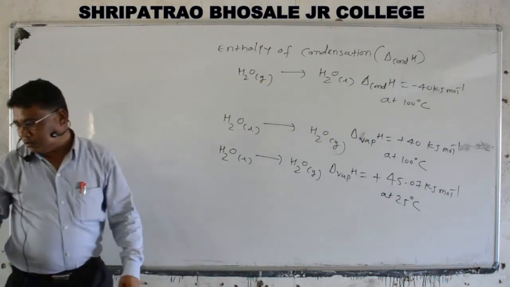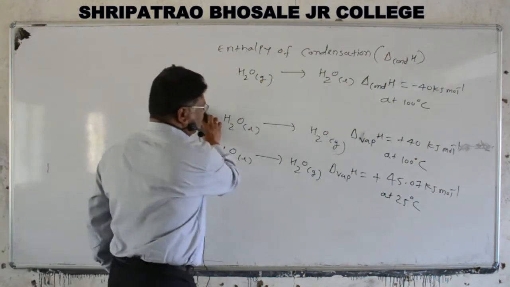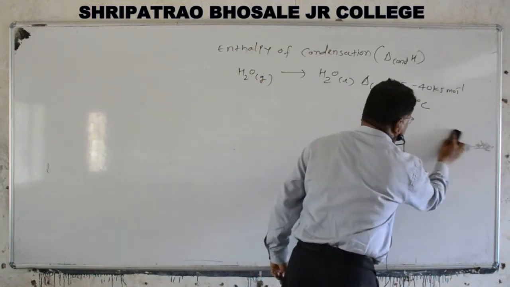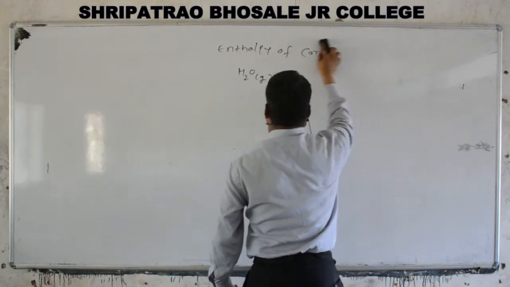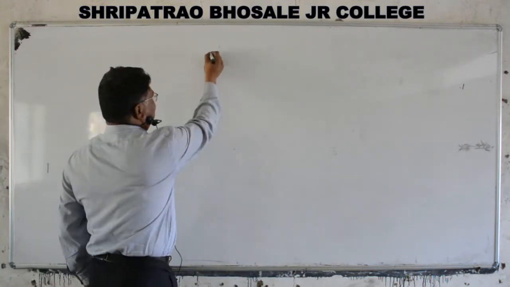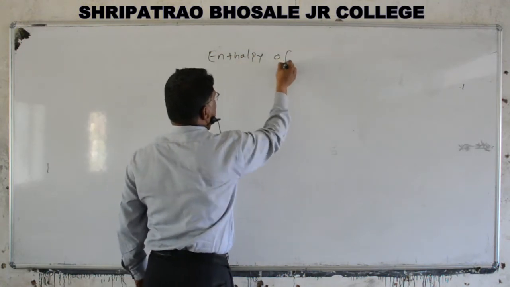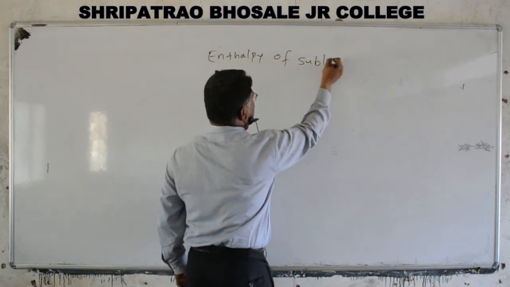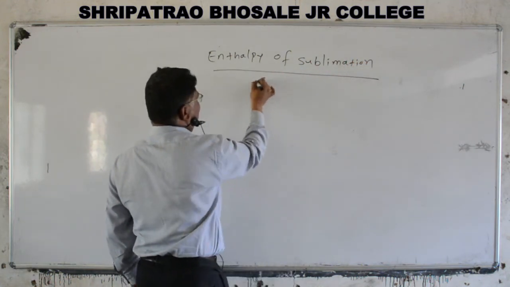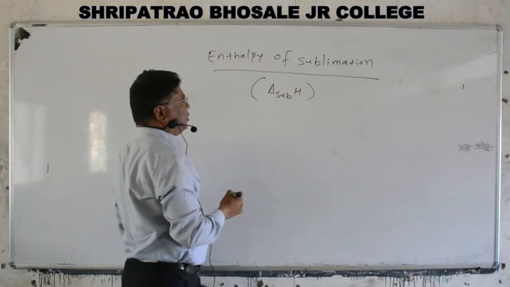Now the next point, the next definition: enthalpy of sublimation, denoted as delta H sublimation.